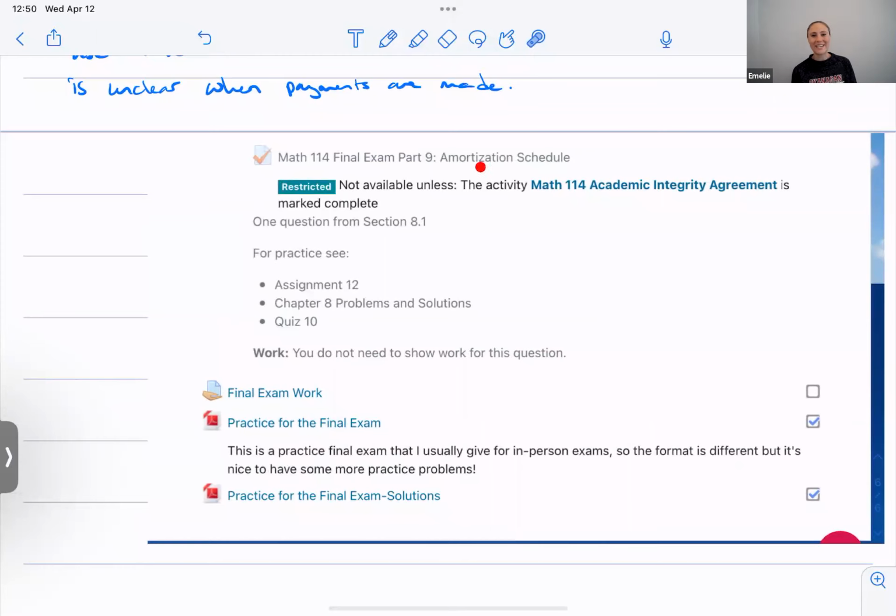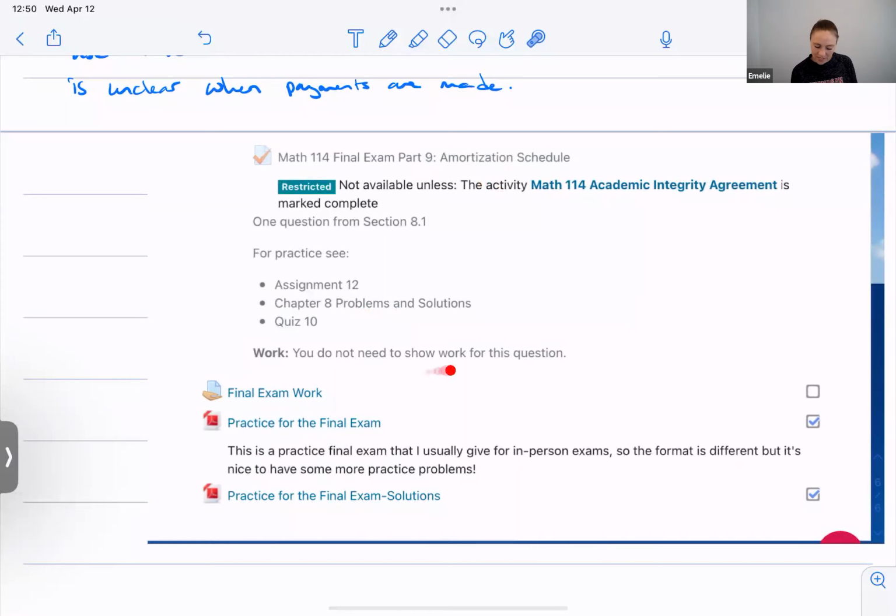So part 9 is that amortization schedule. You either love it or you hate it. And eventually, once you get the hang of it, it's filling in that huge table, right? If you have done assignment 12 and quiz 10 and maybe the chapter 8 problems and solutions, you'll know what's going on, okay?